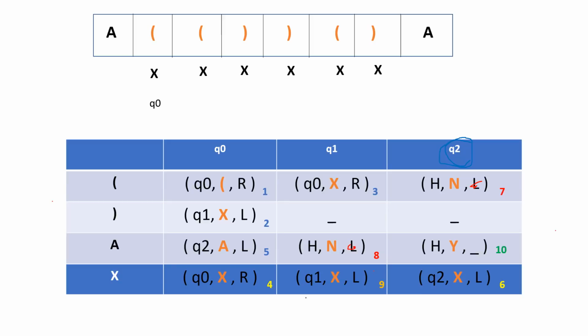So this means it is a success, and this instruction says that if you're in Q2 and you encounter the A, we are good. That means we have seen no unprocessed parentheses, and we can write the success Y and halt the machine. So that's how it works.